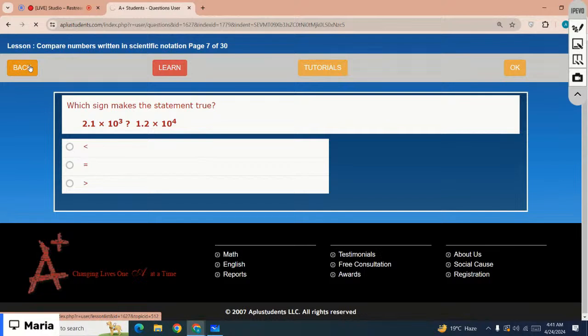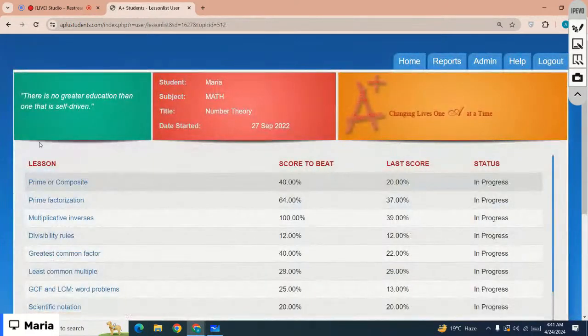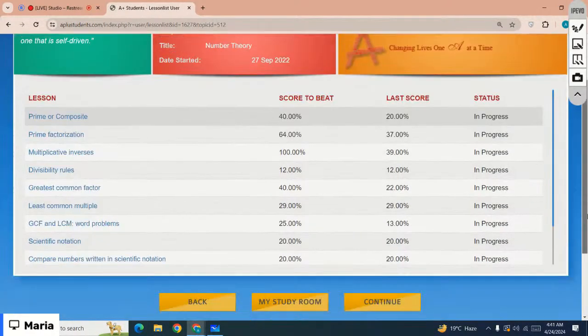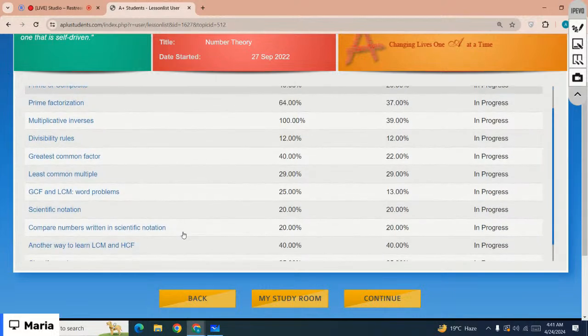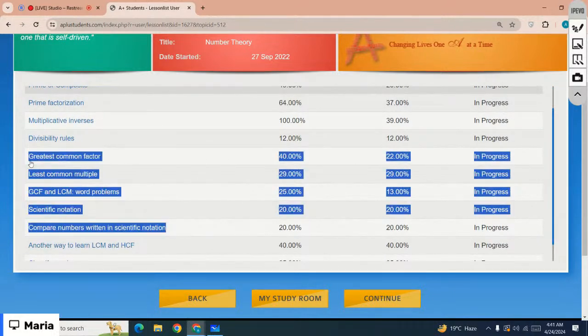So we were working on grade 7 math. The chapter we were working on is number theory. The lessons we have covered today are greatest common factor, least common multiple, GCF and LCM word problems you have to do on your own.